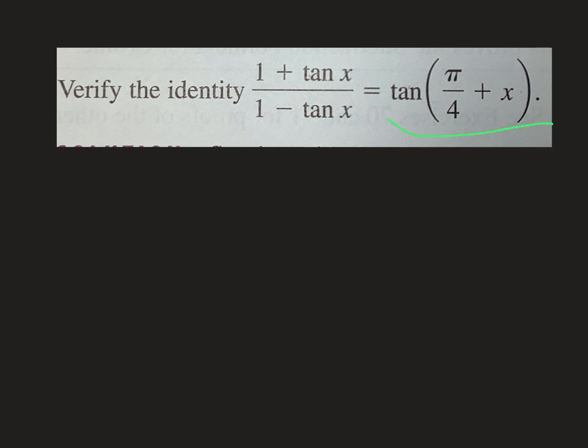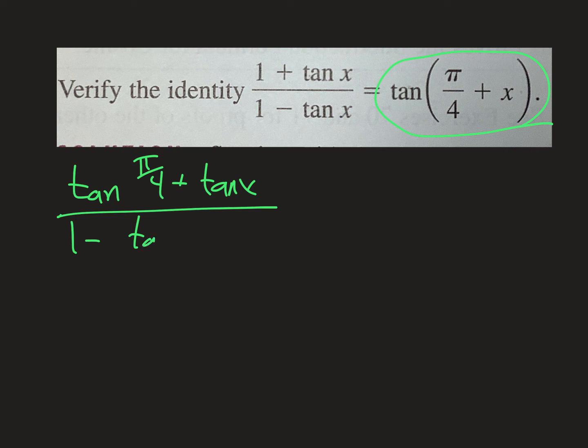Verify. I'm using this one. Okay, tangent of π/4 plus x. We haven't used the tangent one yet. Look back at your formulas. You have a tangent addition, and it's tangent of s plus t, or tangent π/4 plus tangent x on the top. My denominator is 1 minus tangent π/4 tangent x. Guys, I'm just copying that straight from that first slide.